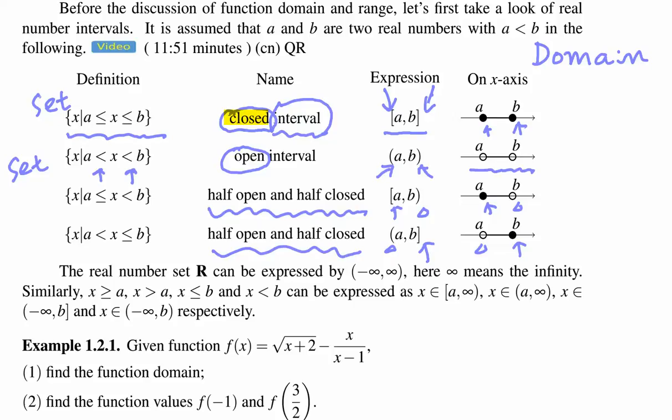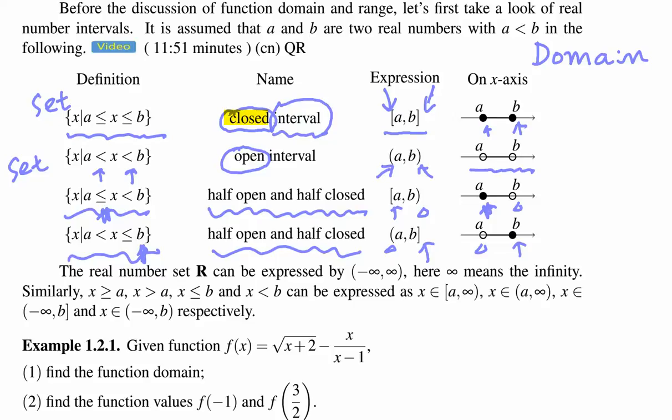Okay, so right down here, you may write in this way. Be careful, here is greater than or equal to, corresponding to this solid one. Similarly for here. Okay, b is included, so less than or equal to b. Solid point, square bracket. Those are the details.